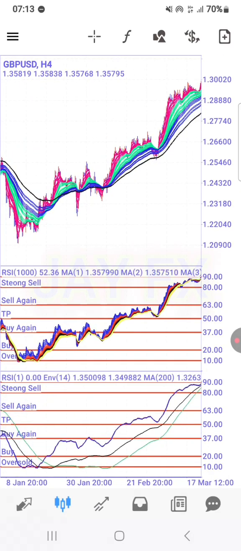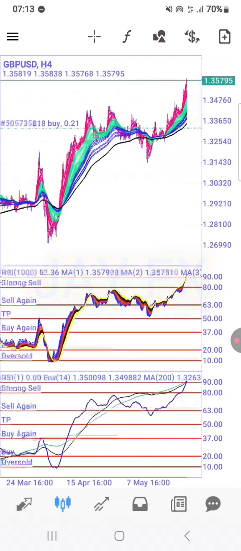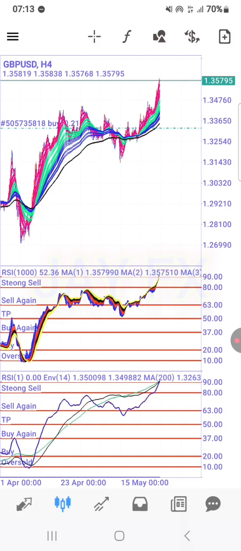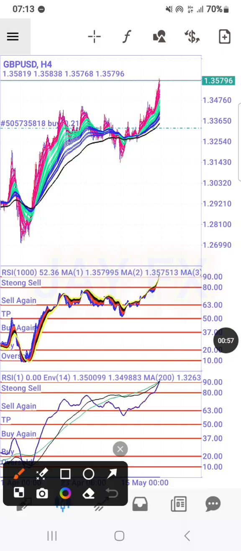This is an example of GBP USD. We're going to talk about it, then you understand how I did this. Firstly, I will use my own strategies. You can clearly see that this is where a buy was confirmed from.